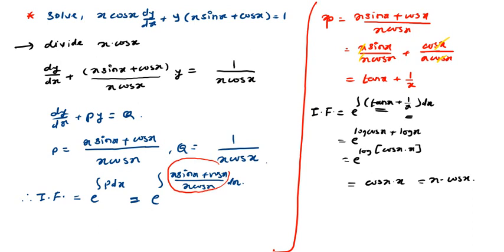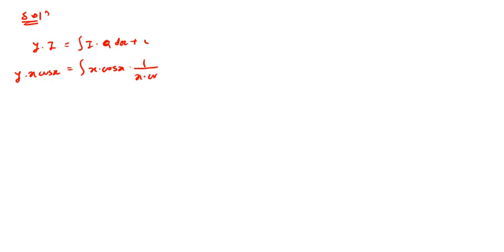So finally we can find its solution, and its solution will be given by y into integrating factor equal to integration of integrating factor into q dx plus c. Here y into integrating factor is x into cos x, the integrating factor is x into cos x, and q is 1 upon x cos x, dx plus c.